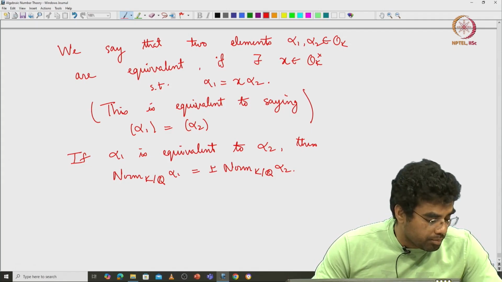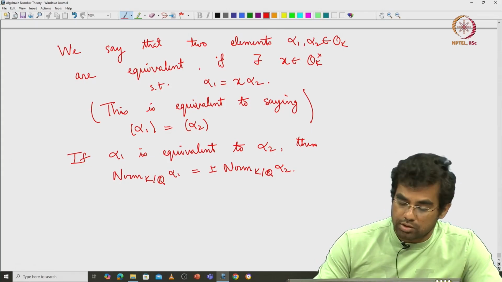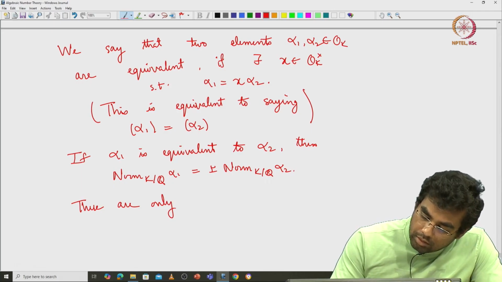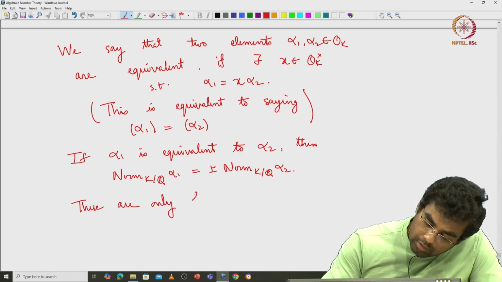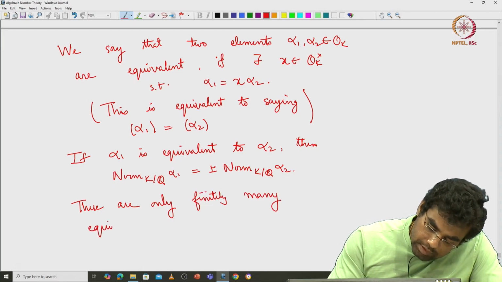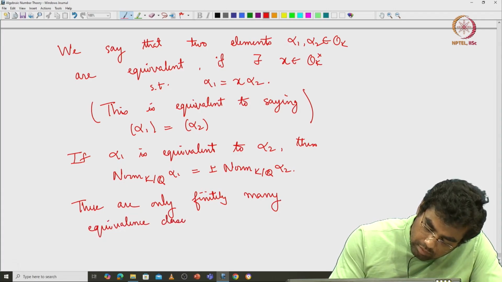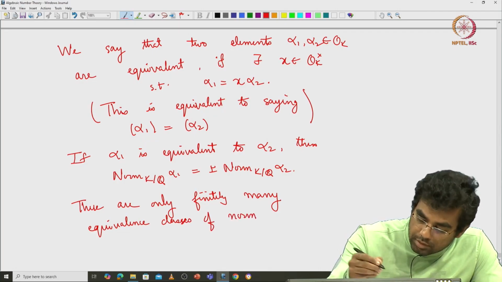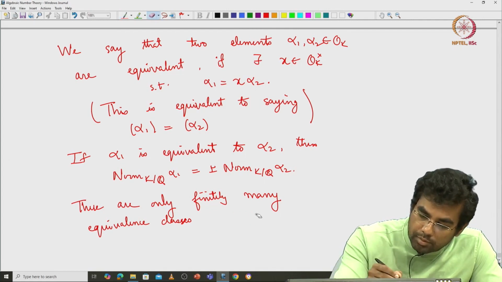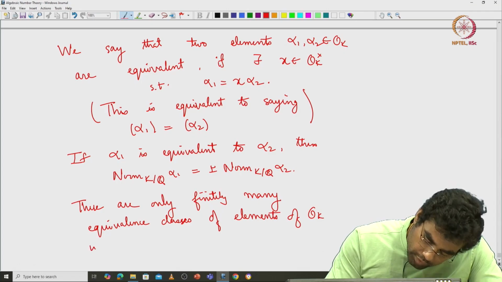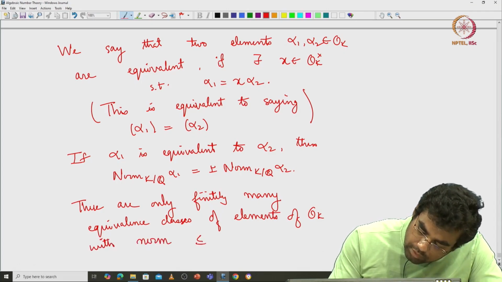Okay. All right. So, if I consider all elements of OK with norm less than or equal to A, then there are only finitely many equivalence classes of such elements.